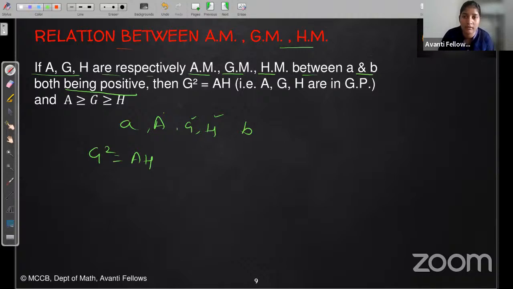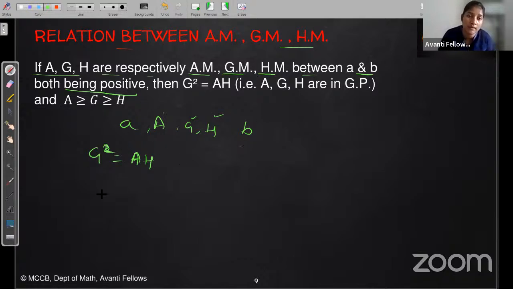Why do they have to be positive? See, because it's a square value, right? If one of the terms is negative here, A into H will be negative. Then G square cannot be negative. It doesn't exist. So that's the reason both A and B should be positive. And what is one more relation?